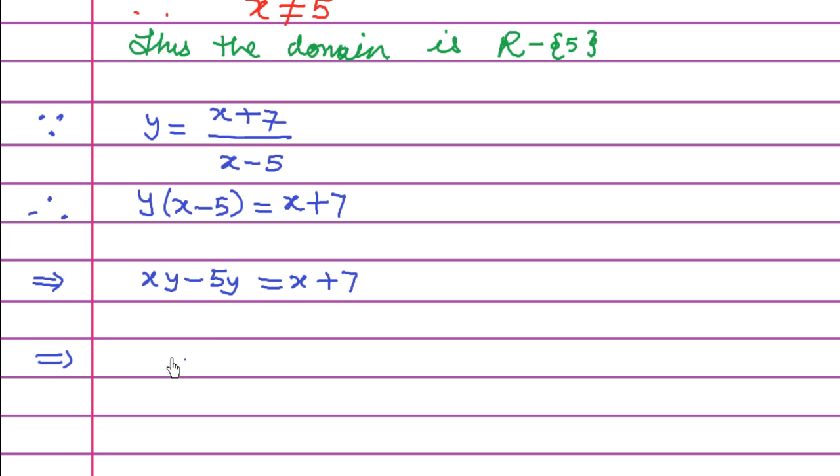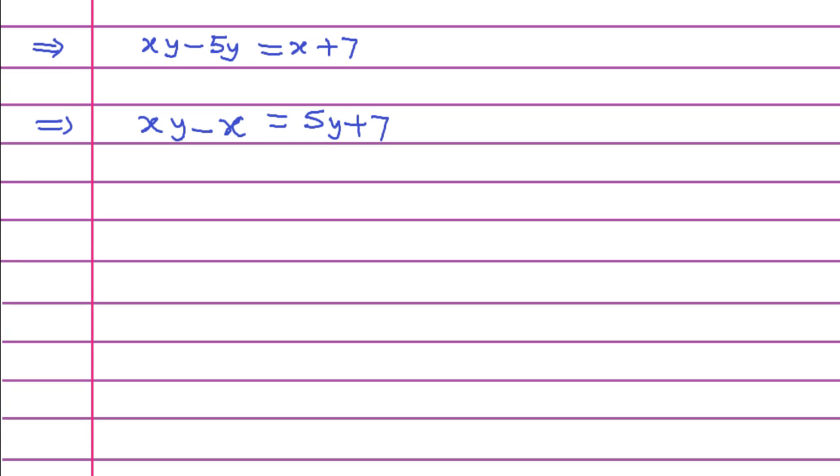Now I am taking x to the left side and other terms to the y side. So it is xy minus x is equal to 5y plus 7, because 5y which is negative will transfer to the right side and become positive. Now we take x common in the left side, so it is x into y minus 1 which is equal to 5y plus 7.